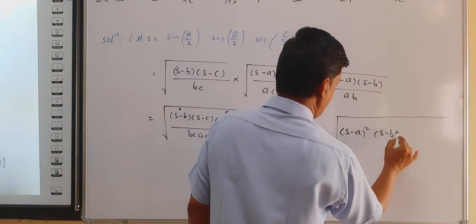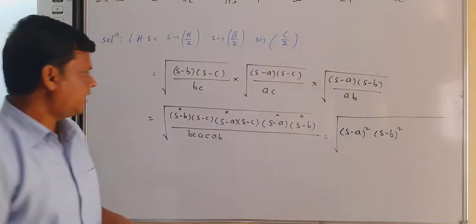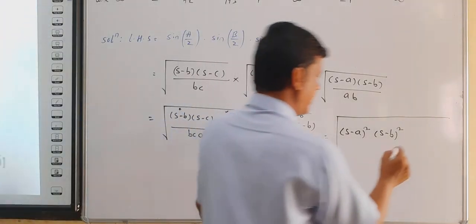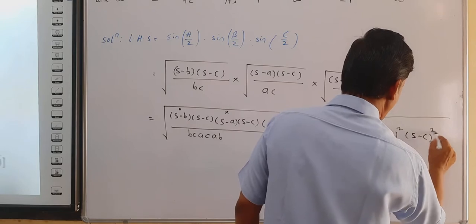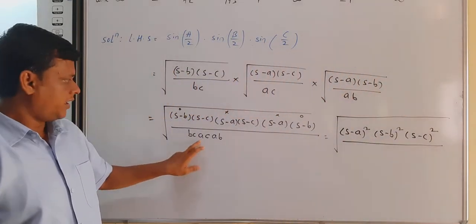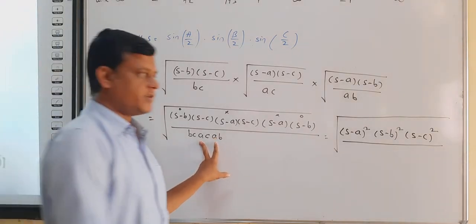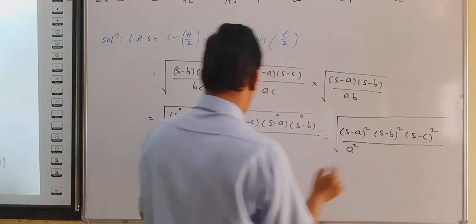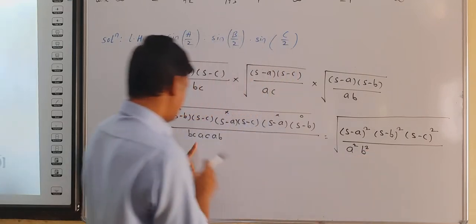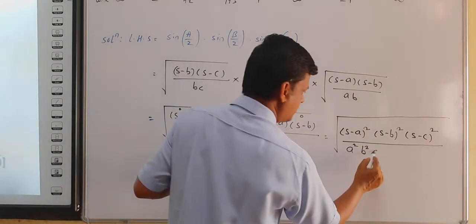Now the last remaining terms, s minus c, s minus c, so we write s minus c its square, upon a into a, that we write a square, b into b we write b square, and c into c we write c square.